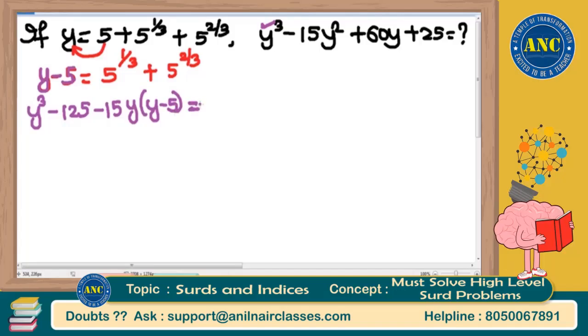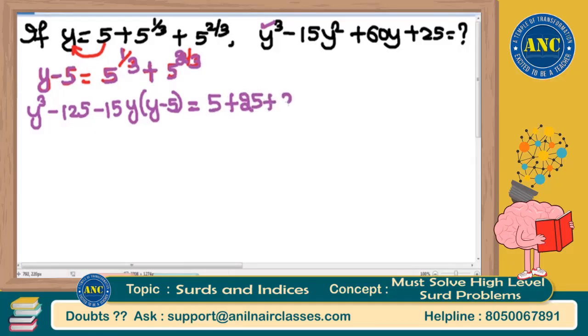Similarly, right hand side also cube it. A plus b whole cube, where a is 5 power 1 by 3 and b is 5 power 2 by 3. A cube is 5 power 1 by 3 whole cube, it is 5. B cube is 5 square to the power of 1 by 3 whole cube, it is 5 square.